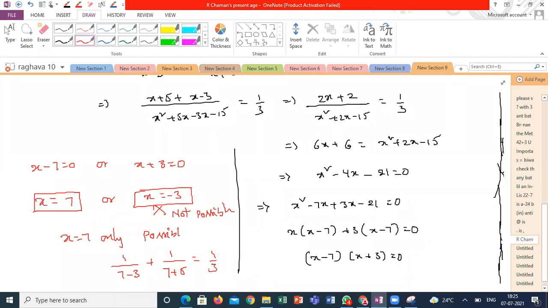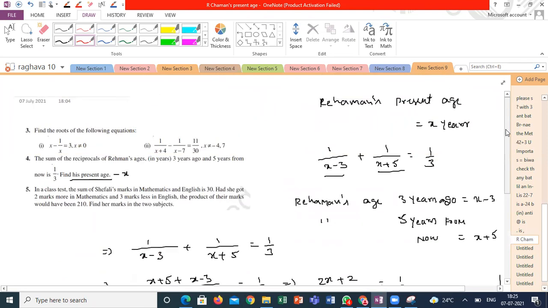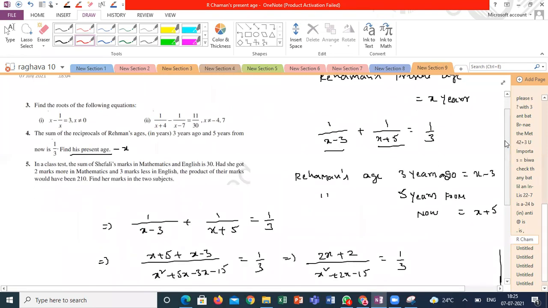The LCM is 12. 3 plus 1 is 4 by 12, which is 1 by 3. Yes, it's a right statement. You can do verification too if you have enough time.